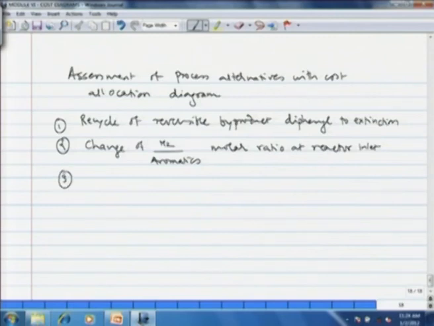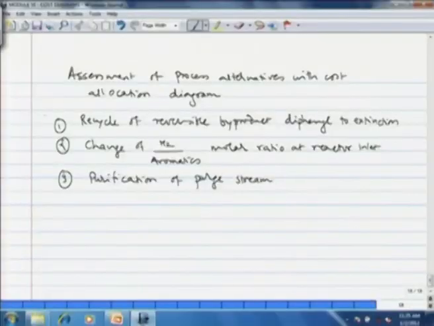Third alternative that we can think of is purification of purge stream, which means at the outlet of the flash drum we will put a membrane module that will selectively filter hydrogen from methane, so that we can purge only methane and recycle almost all hydrogen. So let us assess these three process alternatives using the cost allocation diagram that we have developed in the next lecture.